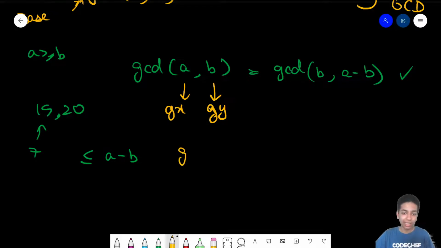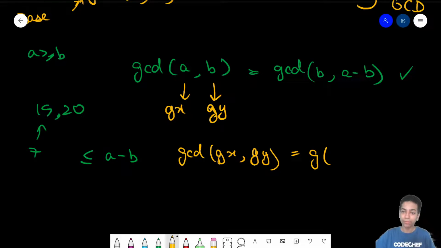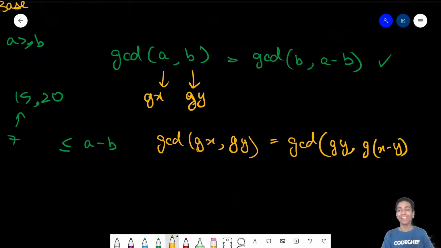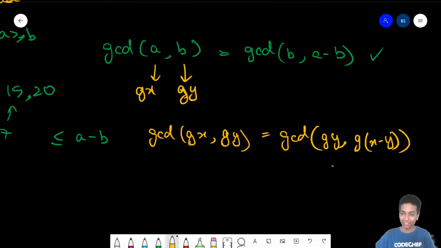So GCD of Gx and Gy is equal to GCD of B and A minus B, where B is Gy and A minus B is Gx minus Gy, in which we can take G common. So we have G times x minus y. Clearly we again have G as their GCD, since G divides both of them.